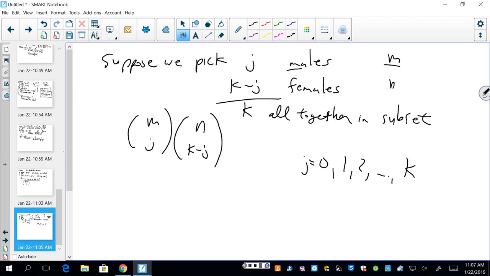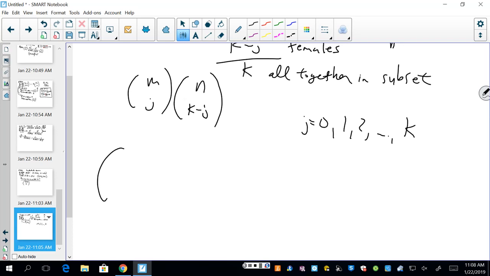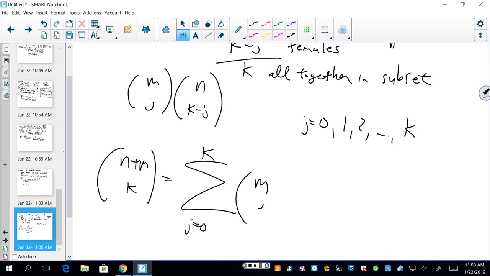So this equation says that N plus M choose K is rewritten as a summation on J going from 0 up to K of M choose J times N choose K minus J.